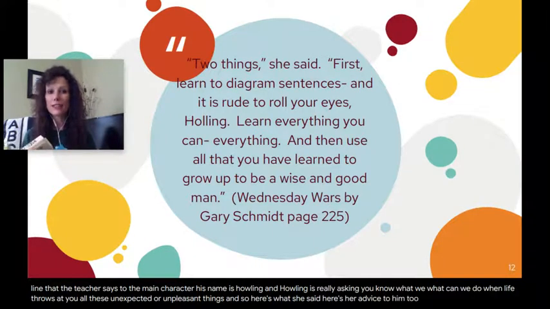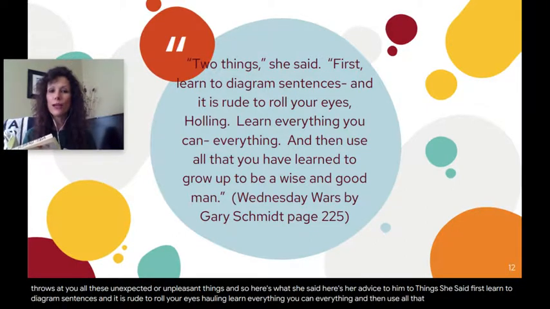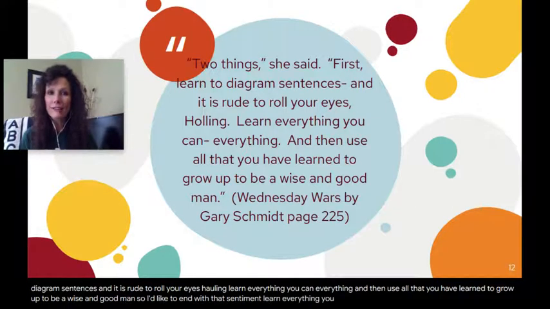Two things, she said. First, learn to diagram sentences. And it is rude to roll your eyes, Holling. Learn everything you can, everything. And then use all that you have learned to grow up to be a wise and good man. So I'd like to end with that sentiment. Learn everything you can right now.